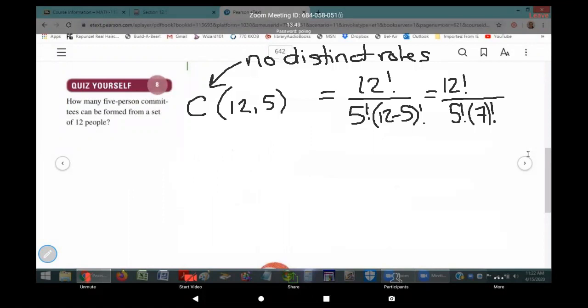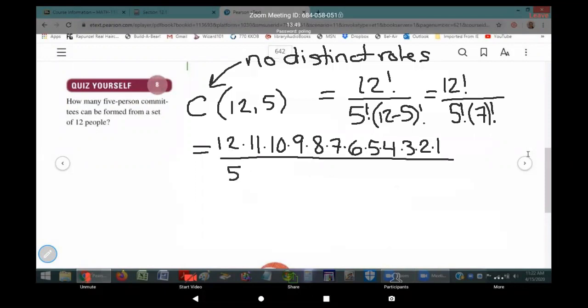All right, what we have here is 12 times 11 times 10 times every whole number less than it, until we get down to 3 times 2 times 1. That's 12 factorial. 5 factorial is 5 times 4 times 3 times 2 times 1. And 7 factorial is 7 times 6 times 5, 3 times 2 times 1.